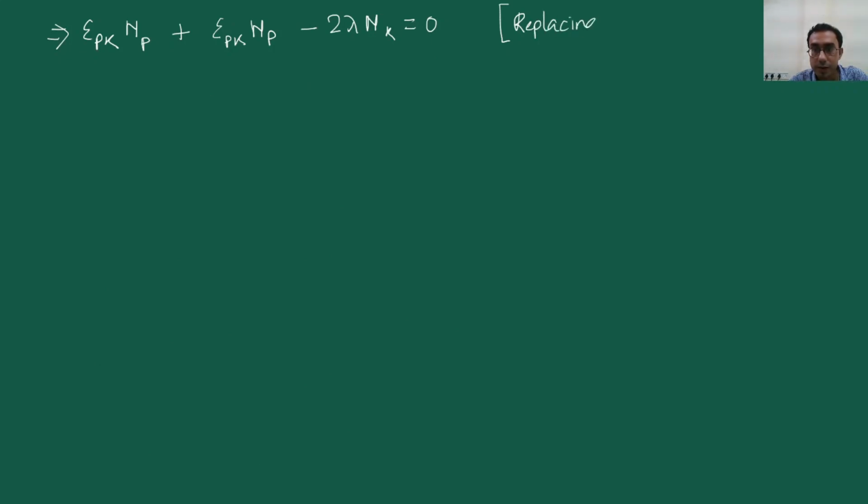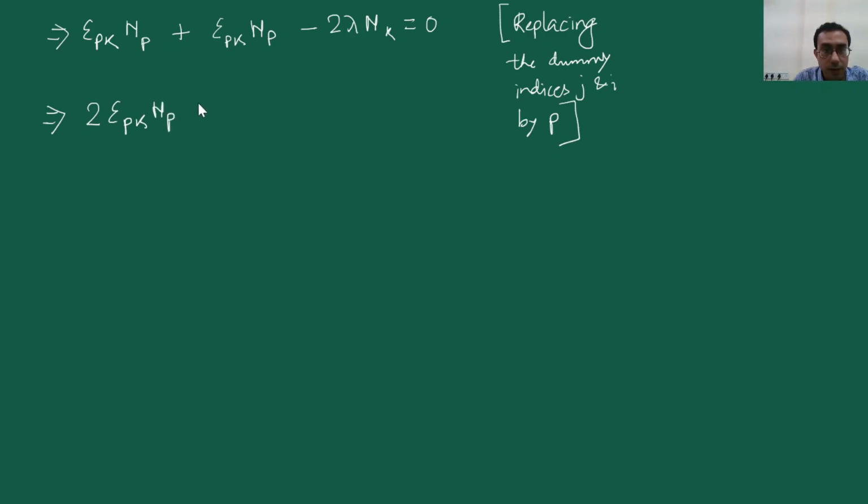So the reason that we state here is that replacing the dummy indices j and i by p, what we'll end up with is twice epsilon pk np minus twice lambda nk is equal to 0.